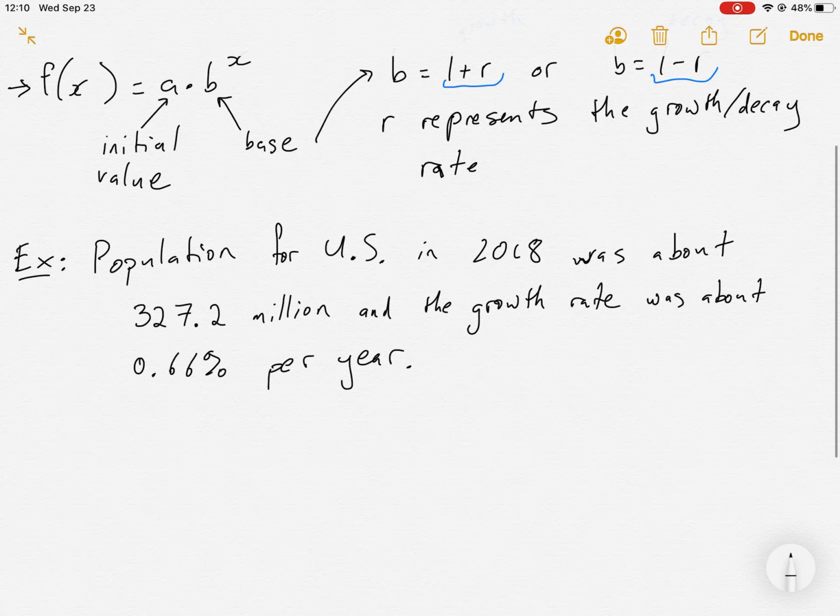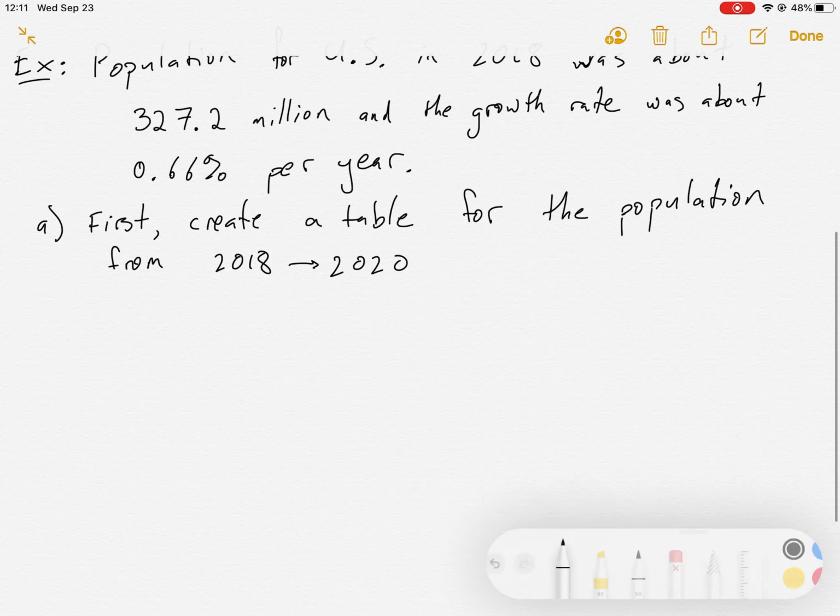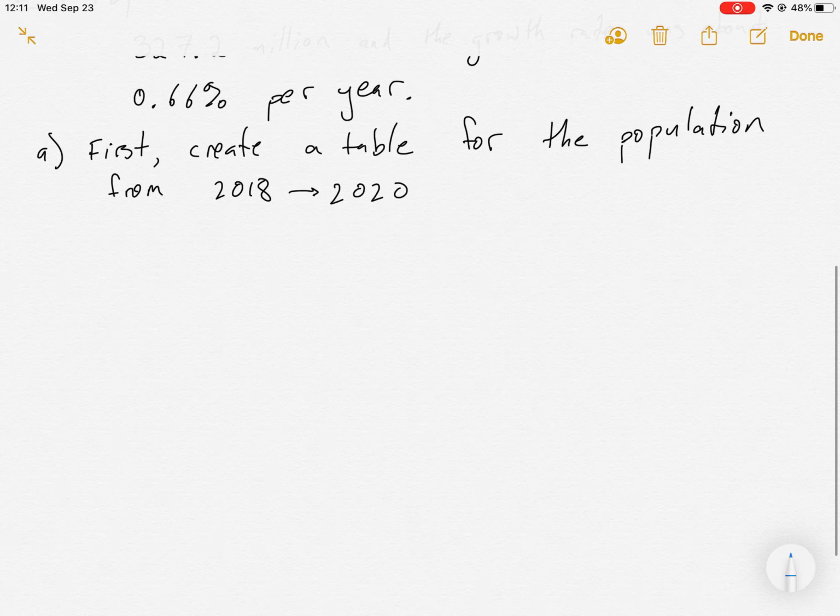So what we're going to do is a couple things. The first thing I want to do is create a table for the population from 2018 until this year, which would be 2020, assuming that the growth rate remains constant. So here's what we're going to do.